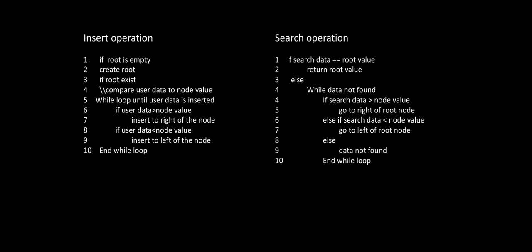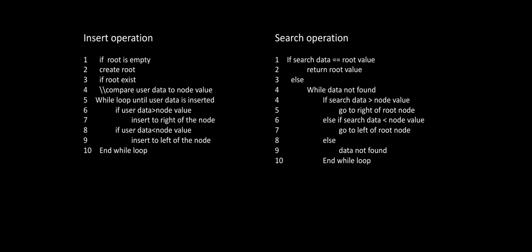And in the search operation, if search data is equivalent to the root value, return the root value or that node value, or else, while data not found, if search data is greater than node value, go to the right of the node and search there.